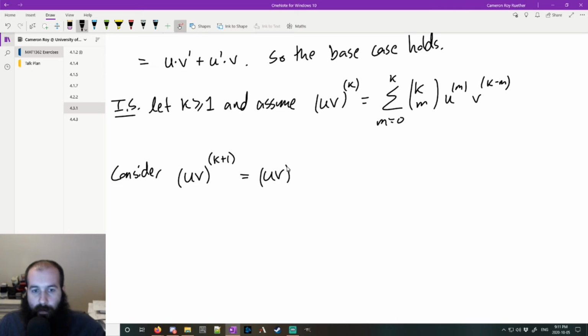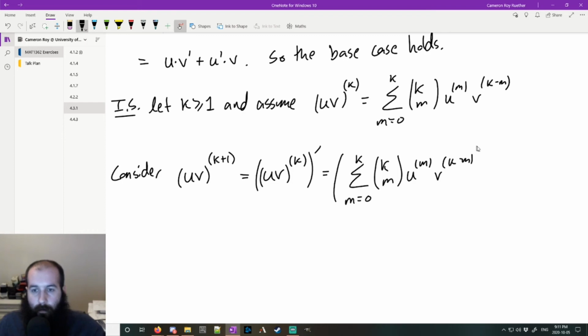We know this is (uv) to the k with prime applied. And this is what we just made an assumption about. So this is the sum from 0 to k of k choose m, u to the m, v to the k minus m, all prime.